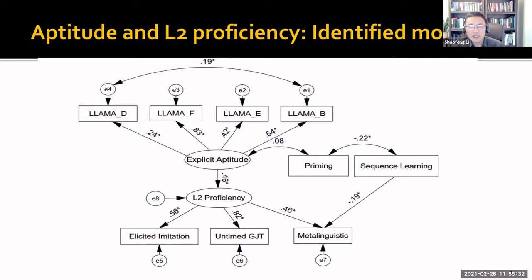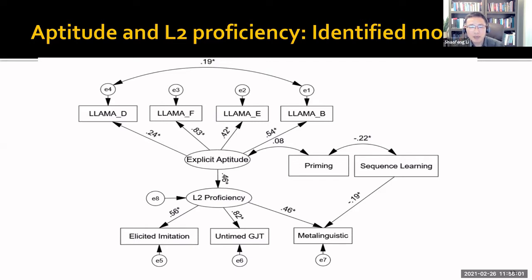As you can see, priming and sequence learning, which were hypothesized to measure implicit aptitude, were not predictive of elicited imitation, which was hypothesized to measure implicit knowledge. They were not predictive of any proficiency measures. Well, actually, sequence learning was a negative predictor of metalinguistic knowledge.